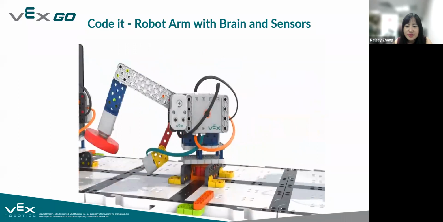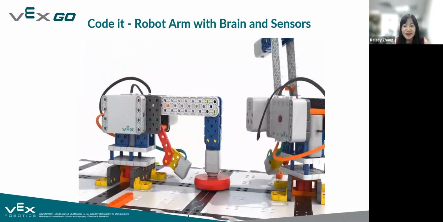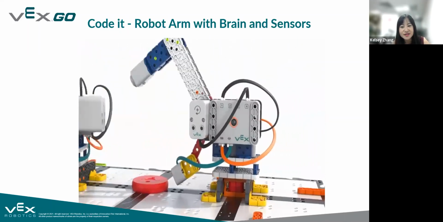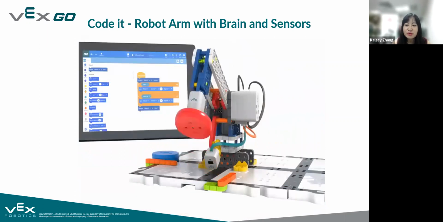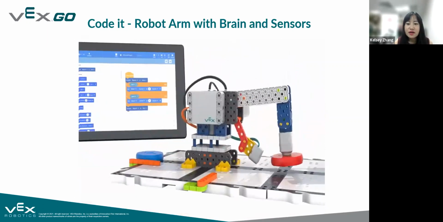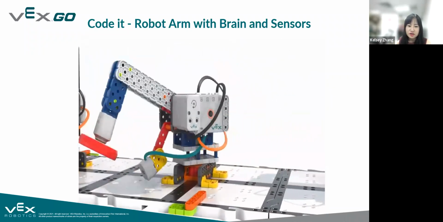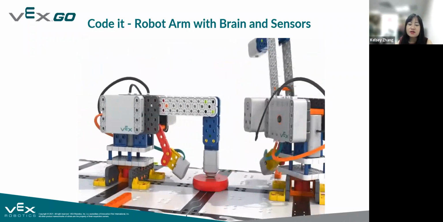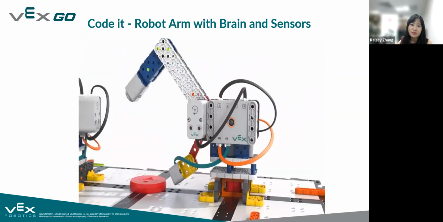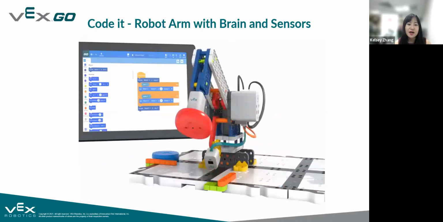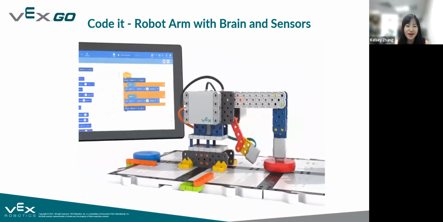Here you can see we can teach the industrial robotics concept: multiple robots working together mechanically and cooperatively without human intervention. That's the simulation of an industrial robot arm. So there are a lot of concepts we can teach students here using VEX Go.